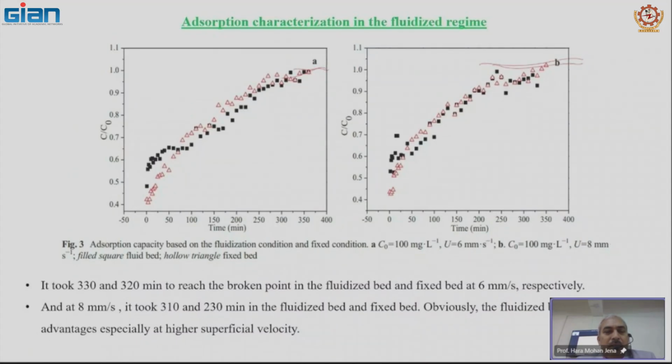But when it is compared with the fixed condition and the fluidized condition in the same system, at a little higher superficial velocity, the second case, 8 millimeter per second, it took 310 and 230 minutes in the fixed bed and fluidized bed. Obviously the fluidized bed has an advantage, especially at a higher superficial velocity.